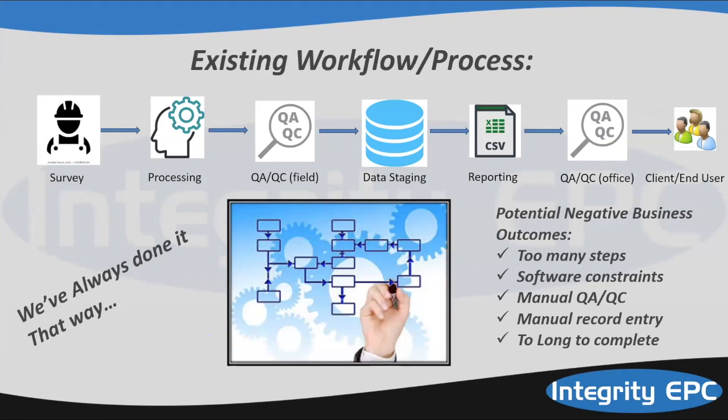So we're going now back to kind of an existing workflow and a process. And this is very kind of standard, if you will. Some of this varies, but the existing workflow that was in place is that we did some surveying here in the front end, took that survey data, sent it into the office where we did some processing. We did some QA/QC, whether that was in the field or in the office.